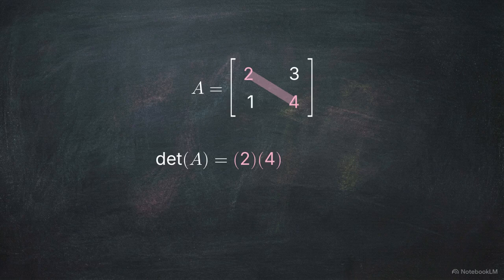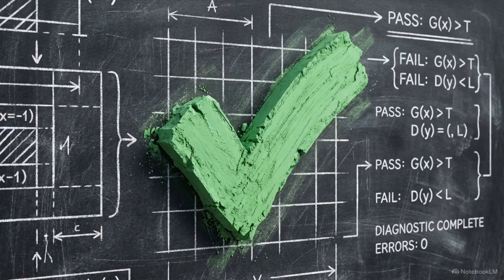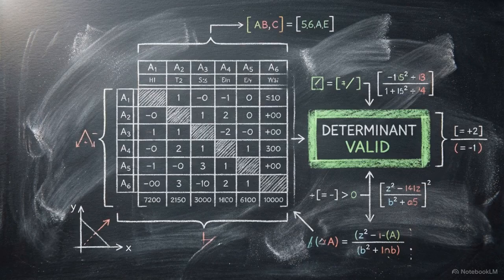For this example, we calculate it by multiplying the main diagonal elements and subtracting the off-diagonal product, yielding a final determinant of 5. This resulting number delivers critical information regarding the internal geometry of the data, acting as a mandatory pass-or-fail system check. Before a computing system attempts to invert complex data, it must consult the determinant to verify that the data structure is still intact.